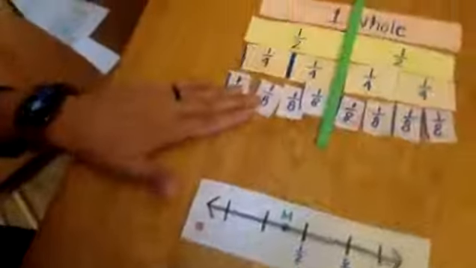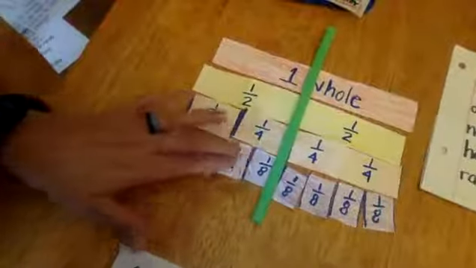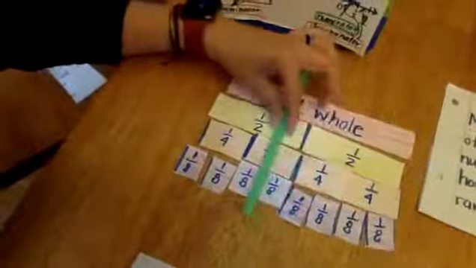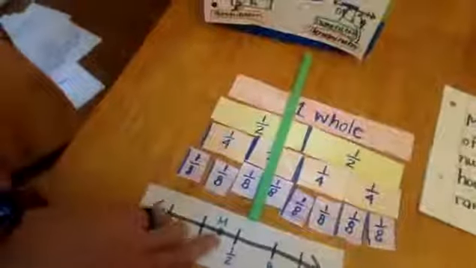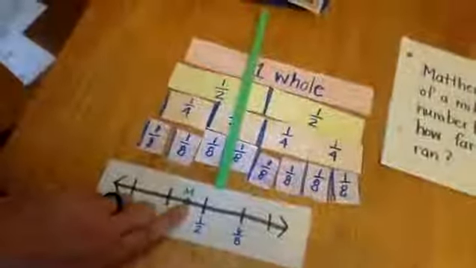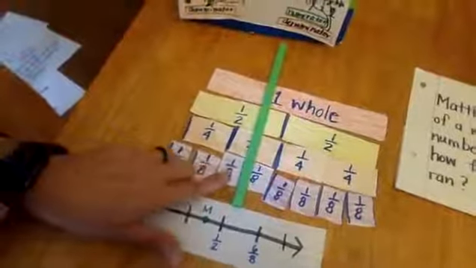So how far back do I need to move back? When we look here, what is half of a fourth? 1/8. So if I move back here, I'm modeling this, okay? And I see that the green M here for how far Matthew ran, 3/8 of a mile. Look how many eighths we have. 1, 2, 3/8.